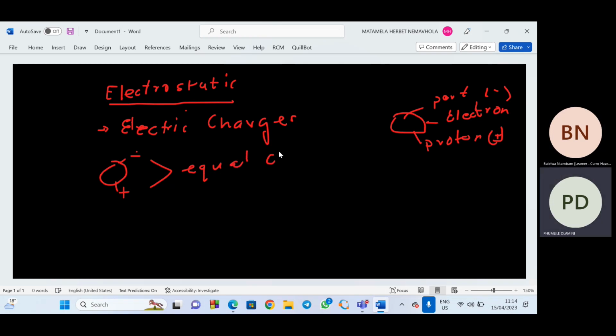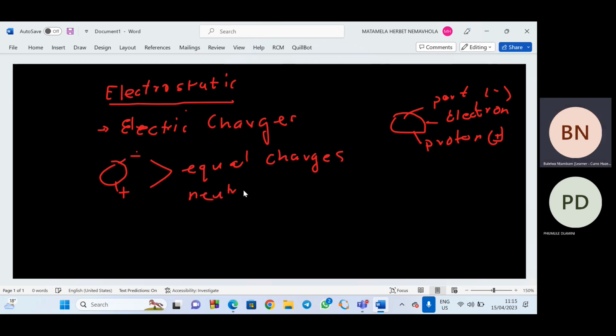When they have equal charges, that's when we say the object is neutral. If an object has equal charges, we call it a neutral object.